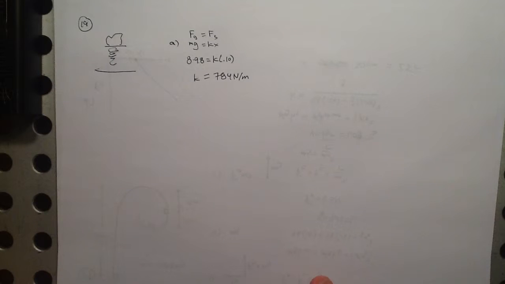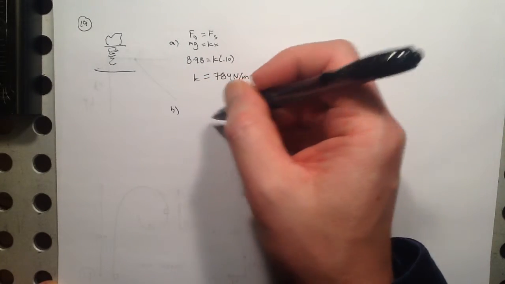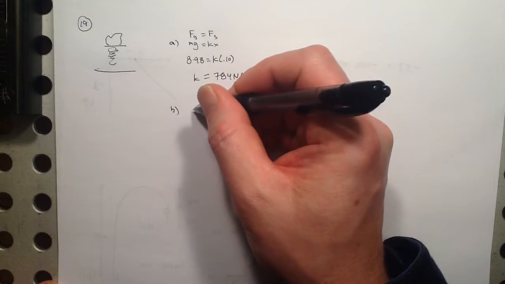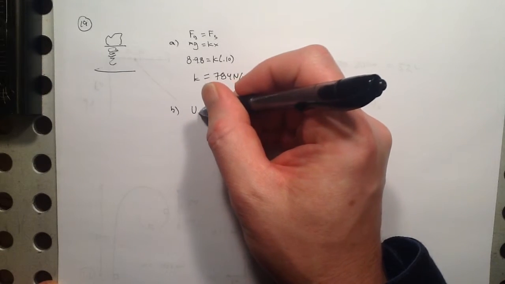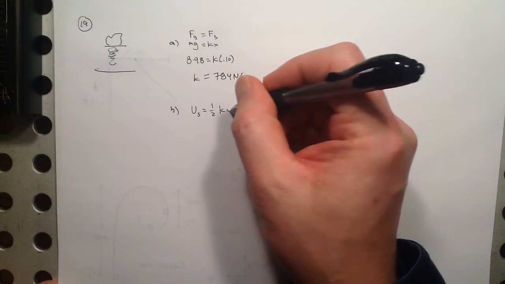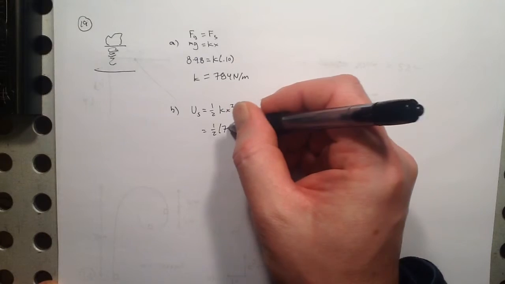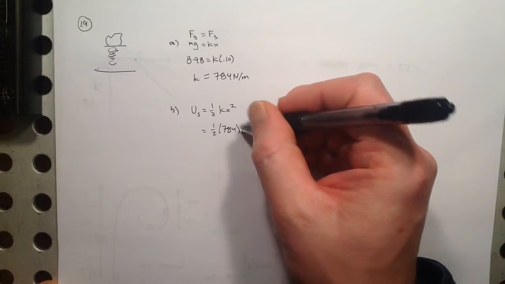Part B, the stone is pushed down an additional 30 centimeters and then released. What's the elastic potential energy of the compressed spring just before that release? Well, at that point, it's been compressed a total of 40 centimeters. So the energy stored in the spring is 1/2 kx squared, and that's 1/2 times k times the total compression.